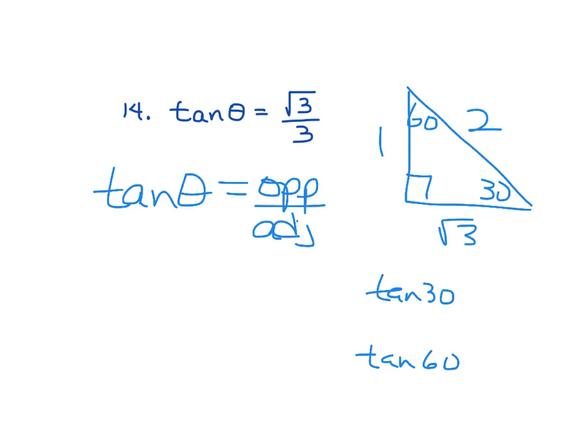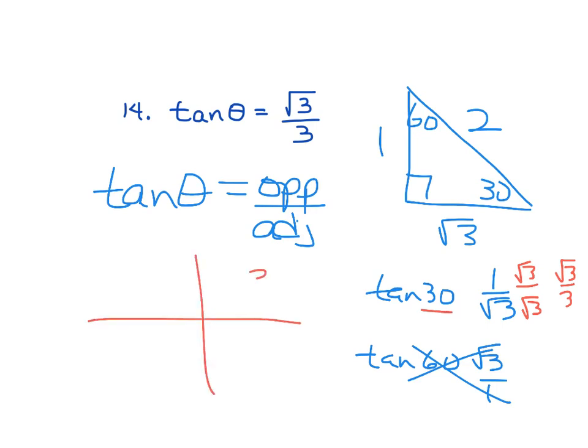Opposite of 30 would be 1, and then adjacent would be root 3. And if I did the 60, it would be root 3 over 1. Notice it's not going to be this one, but when I rationalize this one, it's my answer. So I'm going to be using 30 for this question.